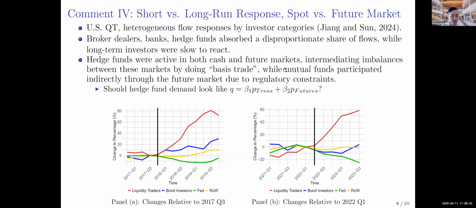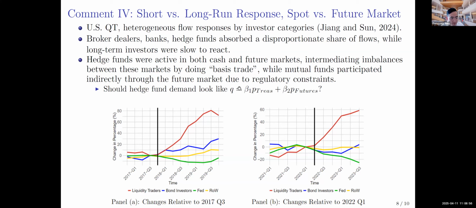So the hedge funds want to buy cash treasury and sell futures. And the issue is when they got into trouble, like yesterday morning, literally, they had to unwind. And by unwinding, they have to sell their holdings of positive amounts of cash treasuries. So I think that would also be one of the explanations for what happened yesterday morning.